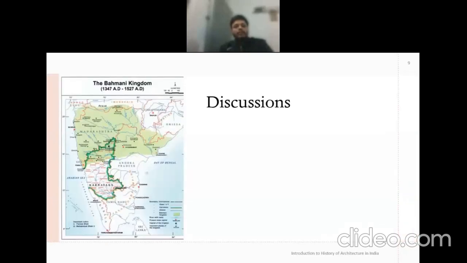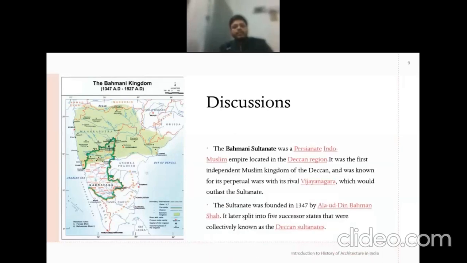Okay, so this green portion was the Bahmani kingdom, which was from 1314 AD to 1527 AD. They dominated, and their kingdom was spread in some parts of Karnataka, some parts of Andhra Pradesh, then Maharashtra, parts of Orissa, and the southern portion of Gujarat. The Bahmani Sultanate was a Persianate Indo-Muslim empire located in the Deccan region.